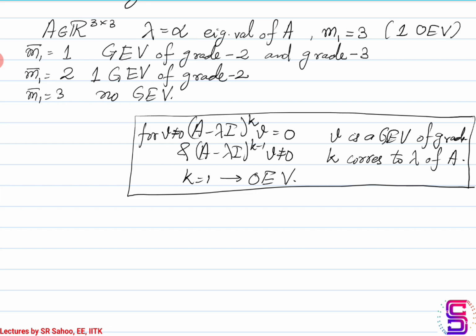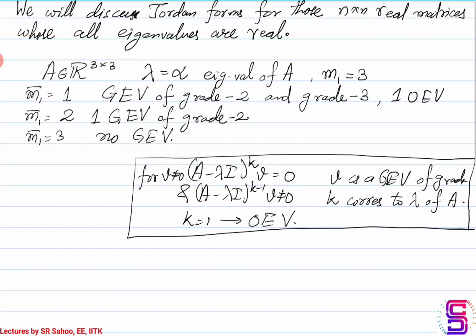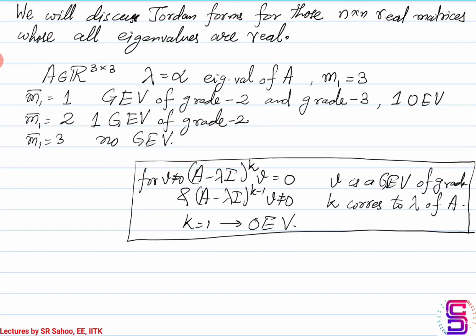When M1 bar is 2, there is one GV of grade 2 and two OEBs.